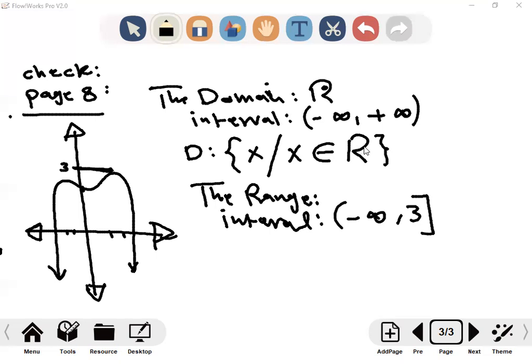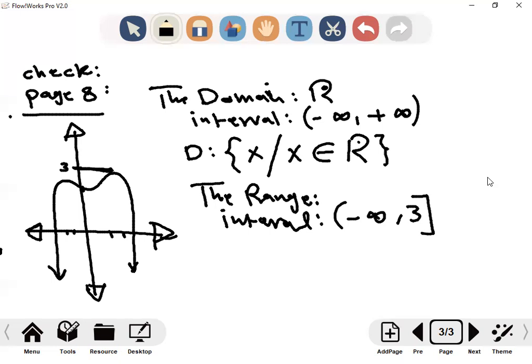High R, real number. Belongs to. No, this is a shortcut. Belongs to. I say, what's your name? Zaid. Zaid belongs to grade 9. Belongs to. Okay? So this is the interval.